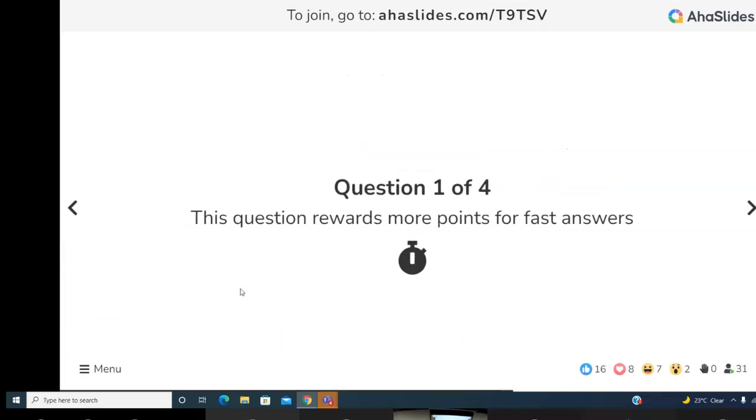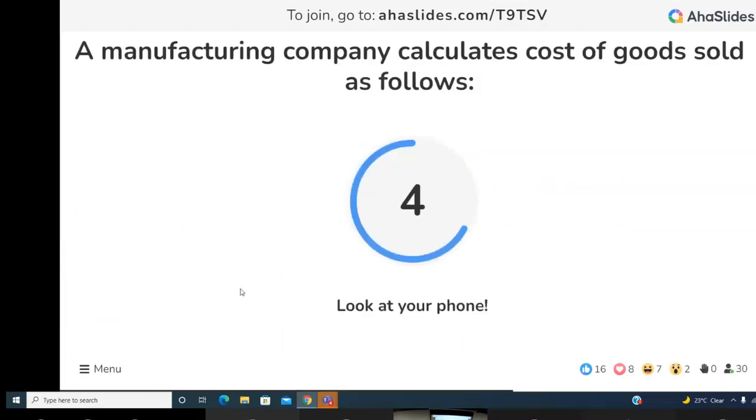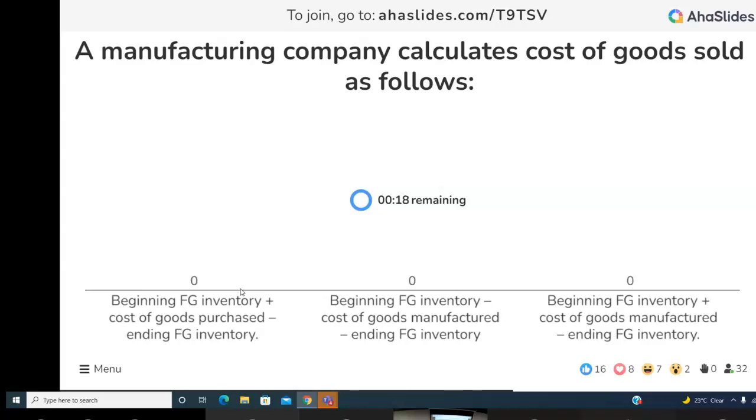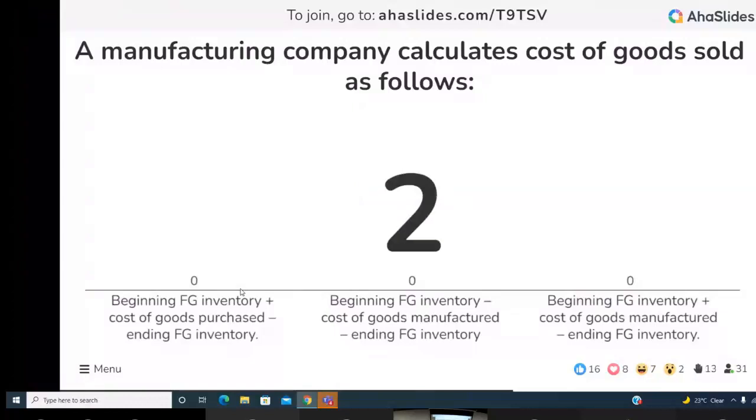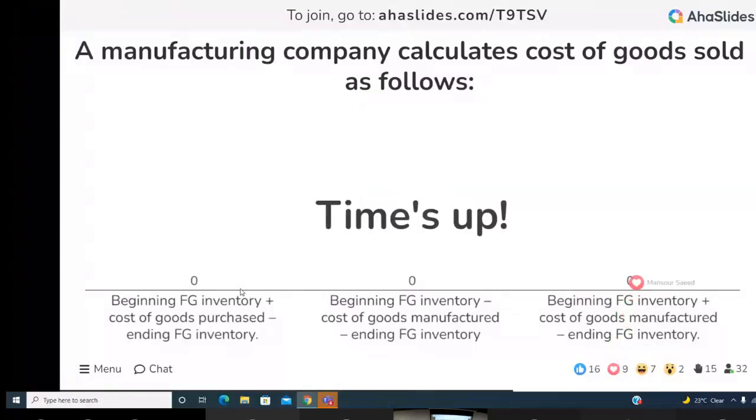All right, question 1 of 4. A manufacturing company calculates the cost of goods sold as follows: beginning finished goods inventory plus the cost of goods purchased minus ending; beginning finished goods inventory minus the cost of goods manufactured minus ending; beginning finished goods inventory plus the cost of goods manufactured minus ending.